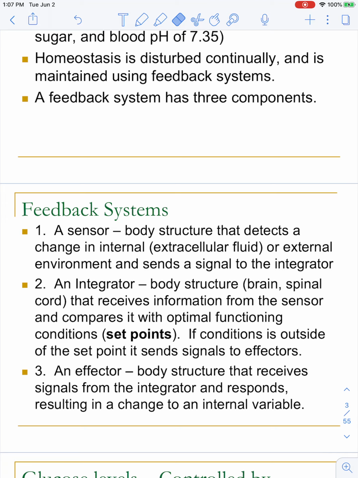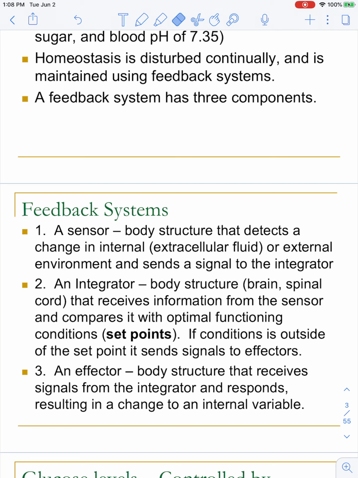But we need sensors, and sensors are body structures that detect changes in the internal environment, usually within the extracellular fluid, the fluid that's floating around that our cells are bathed in, or the external environment. We can detect changes in our external environment through our senses.